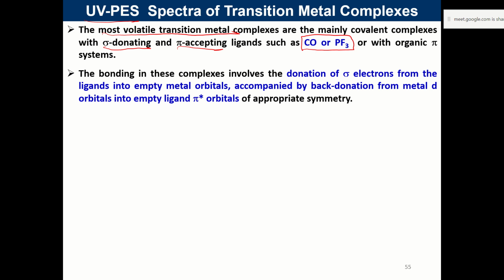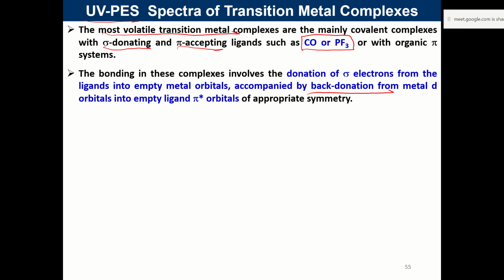So the back donation, the stability of the complex, is crucially determined by the back donation, which is very important, and how well it is accepted into the pi star orbital of the ligand.